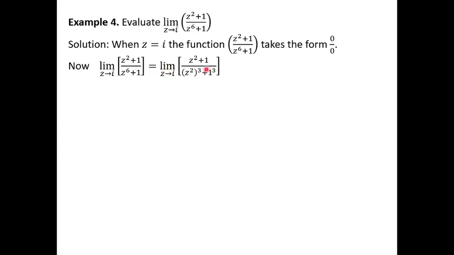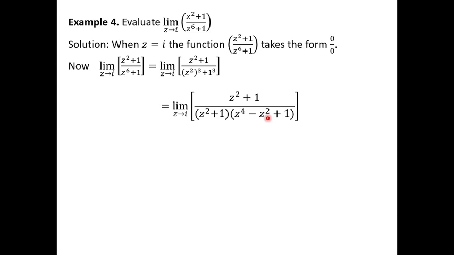Here we apply the a cube plus b cube formula for the denominator. What is the formula of a cube plus b cube? A plus b into a square minus ab plus b square. See, a square plus b into a plus b into a square plus b square minus ab.